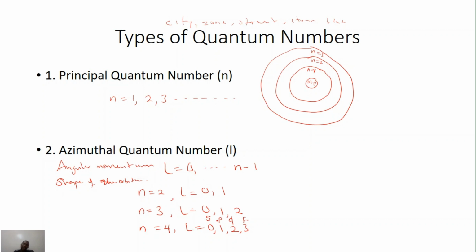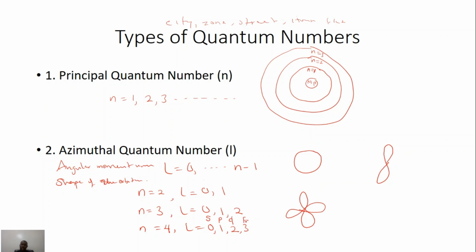And each of these orbitals has its specific shape. S is spherical in shape, while p has a dumbbell shape like this. D has a clover leaf shape like this, and there is another one, also clover leaf shape.